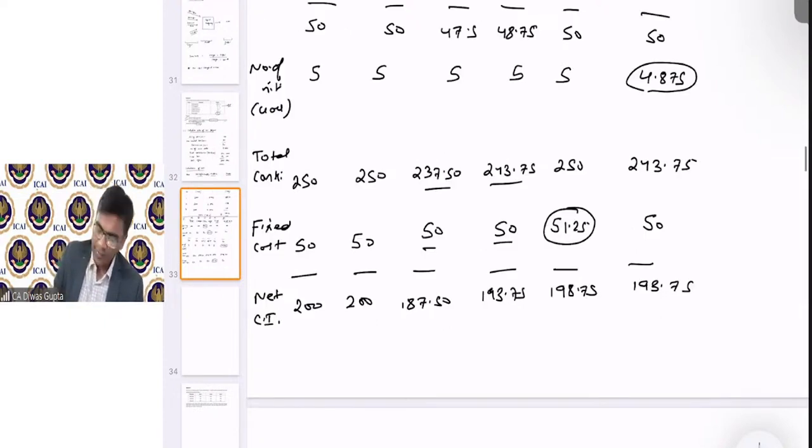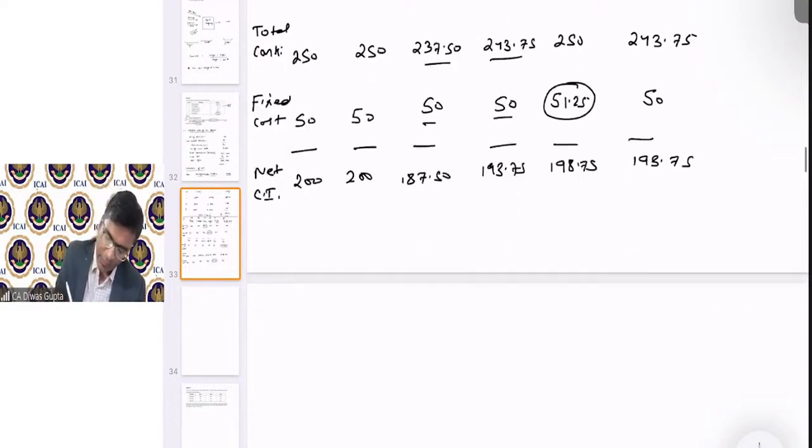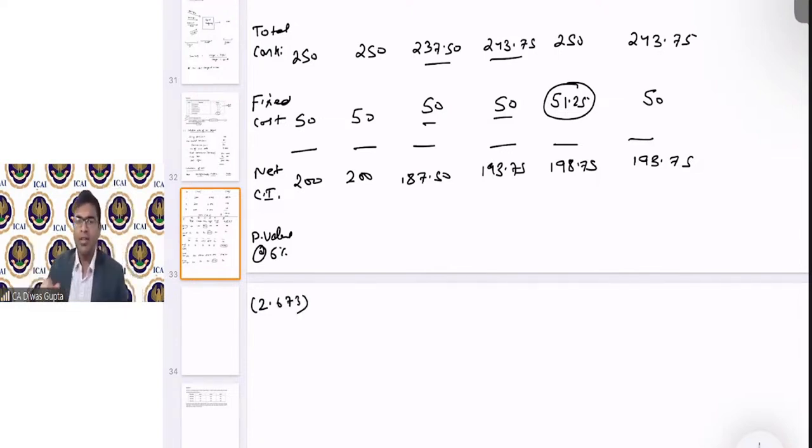193.75. Then we will arrive at the present value at the rate 6%. At the rate 6%, the present value annuity factor is 2.673. So we will multiply all these numbers with 2.673 because it is for 3 years. So this is 534.60.